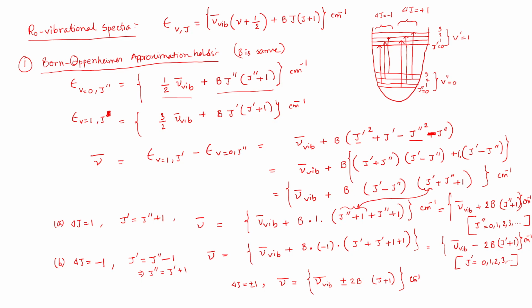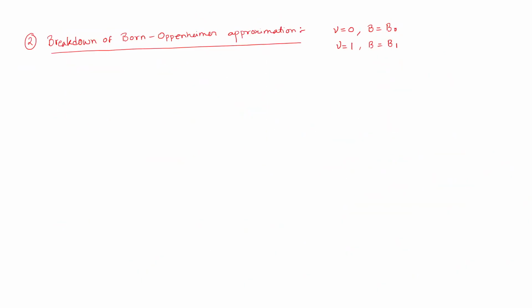So when the approximation doesn't hold, the rotational energy levels interact with the vibronic energy levels, and B won't be same. I got it that you will take different rotational constants for different vibronic levels, because the vibronic and rotational energy levels are now interacting.